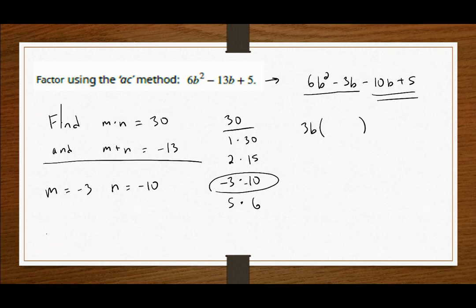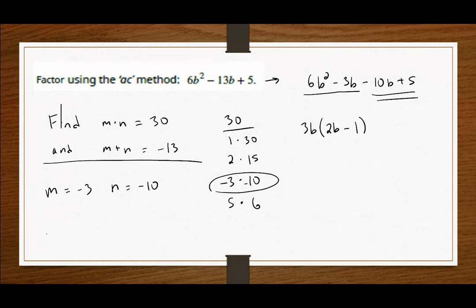If I were to take and divide each of those terms by the 3b that I've removed, we ought to get an undistribution of that expression. 6b squared divided by 3b would give me something like 2b, and then negative 3b divided by 3b would give me minus 1. Remember that when factoring by grouping, we should expect the exact same binomial, 2b minus 1, to show up in the second pair.